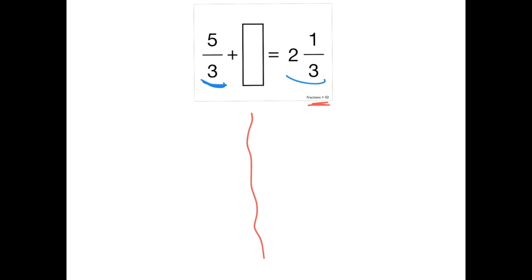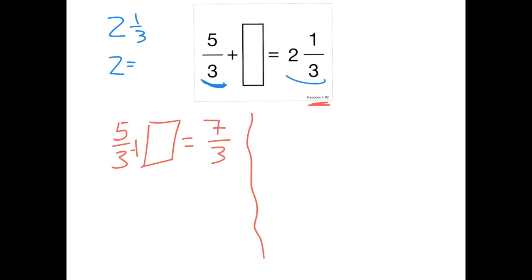So in this case, 5/3 plus what is equal to 7/3. So if we look at 2 and 1/3, if I ask students how many thirds in 2 wholes, it is 6.